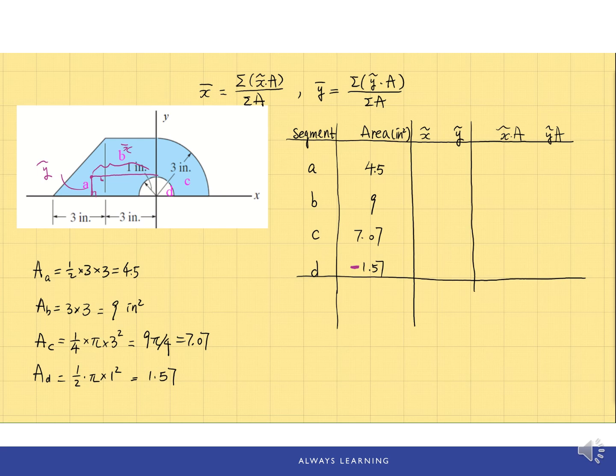So here 1/3, this distance to the x-axis will be 1/3 of 3. So y tilde is 1 here. And the distance from the centroid to the side of this triangle is 1. And then to the y-axis, you need to add a 3. So 1 plus 3 is 4.